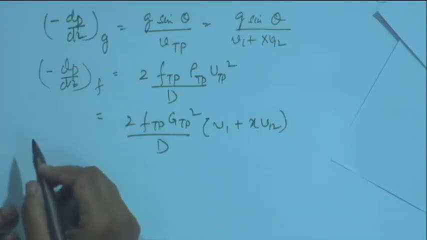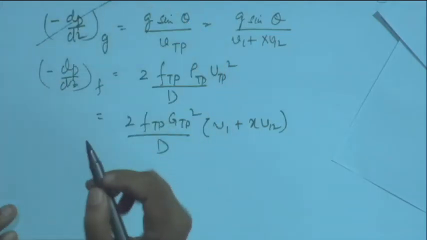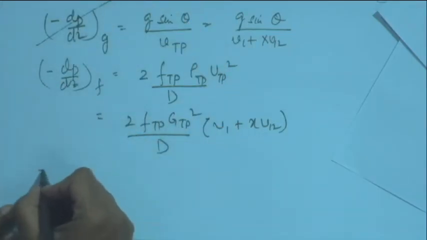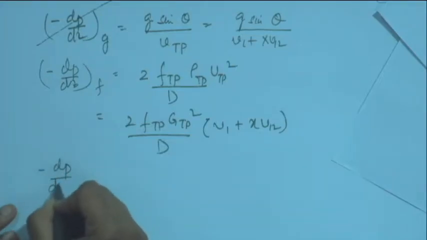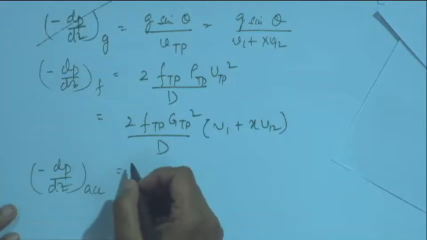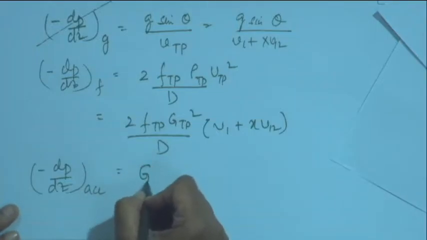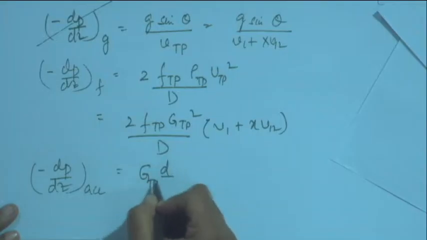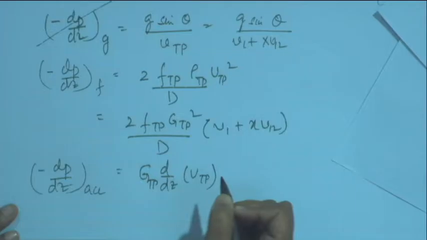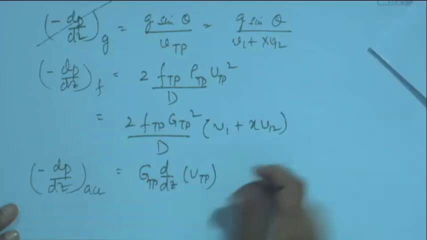Now, remember one thing: when we are dealing with microsystems, the gravitational pressure gradient is usually not there. So, it is the frictional pressure gradient which is there and the acceleration pressure gradient which is there. What is the acceleration pressure gradient in this particular case? It is naturally G_TP, TP meaning two phase, times dU_TP/dz. Why does U_TP vary? Can you tell me?